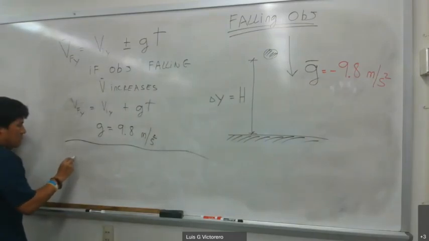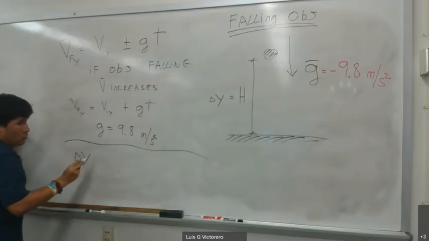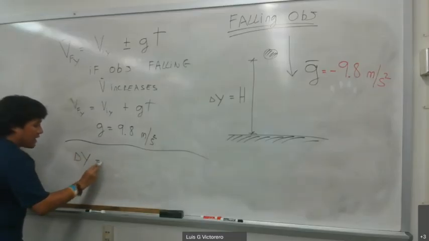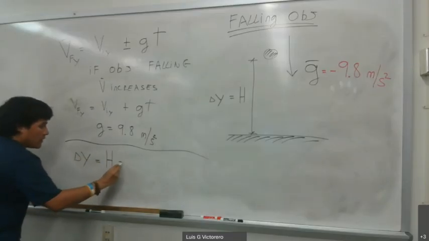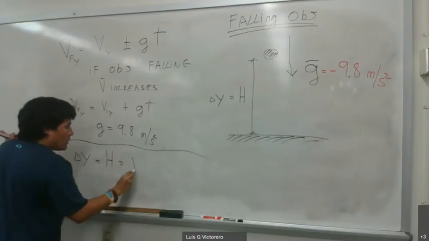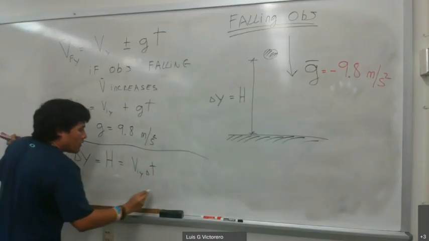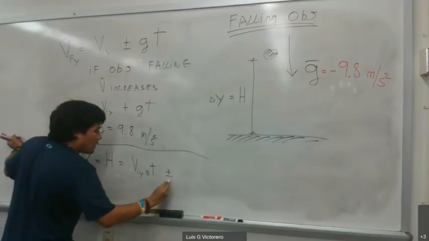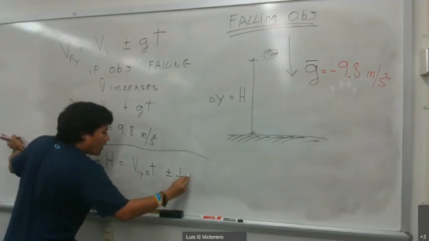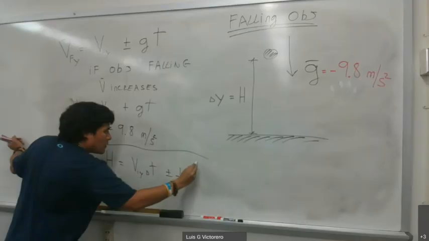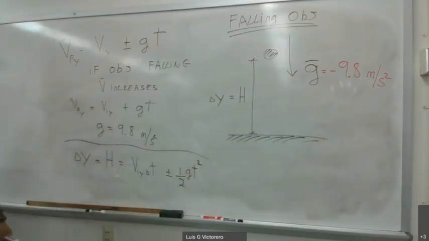With delta y, which if we are dealing with the scalars, it's just the height, is equal to v initial on y times time plus or minus 1/2 gravity times time squared. See why I did that? I changed a for g.